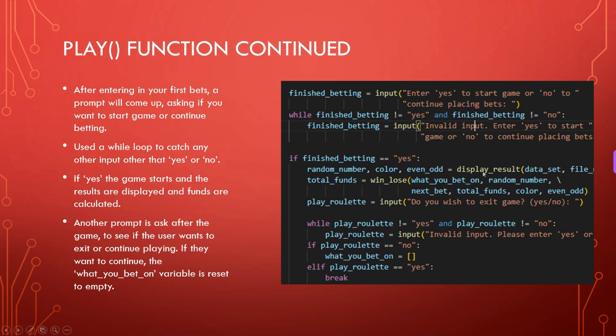So I called the display result and the win-lose result functions for that. Another prompt is asked after the game to see if the user wants to exit or continue playing. If they want to continue, the what you bet on variable is reset to empty, so that's here.